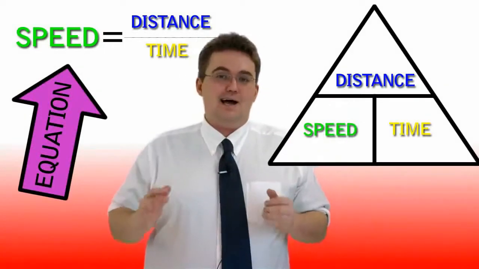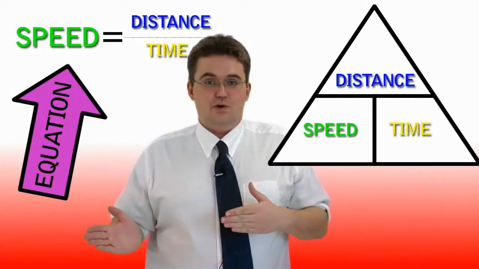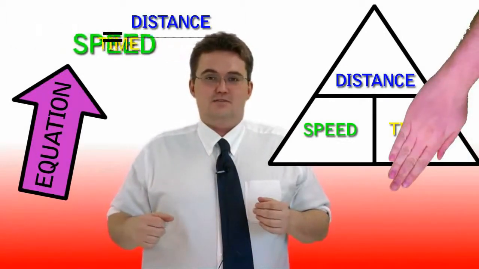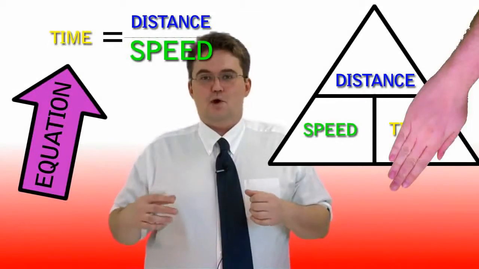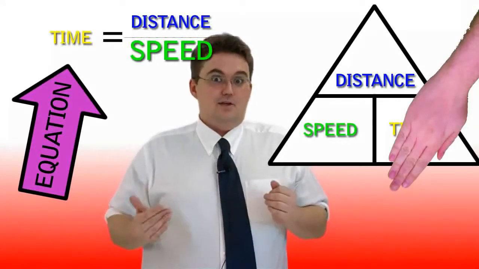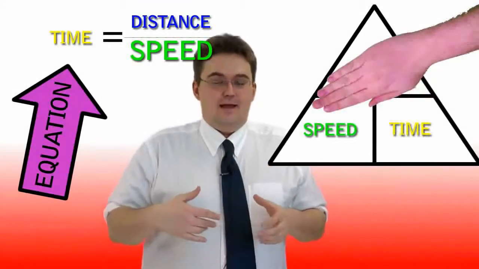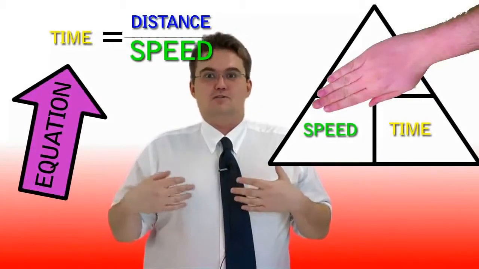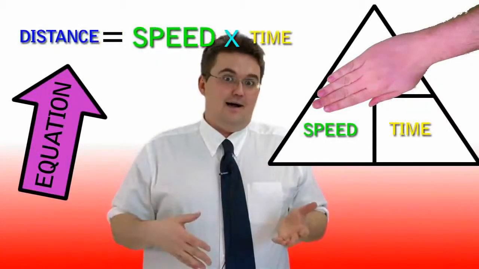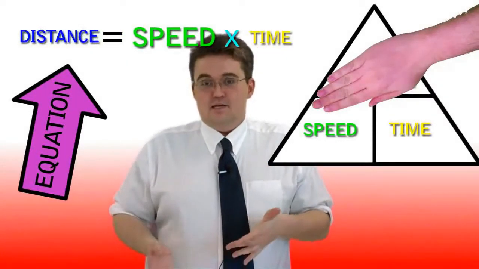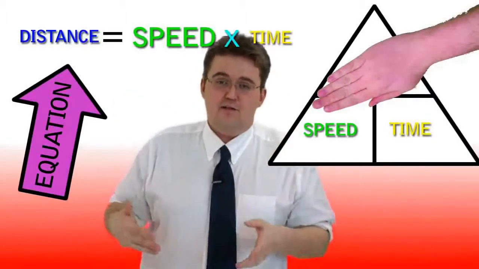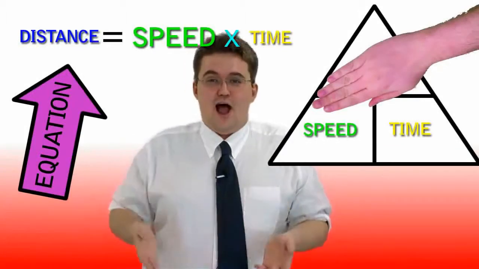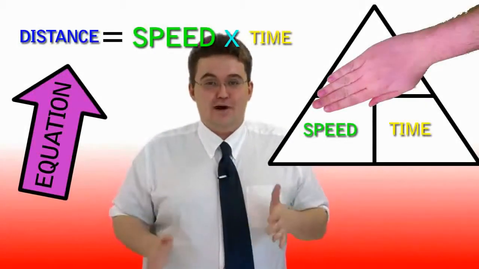If you don't know time, you cover it up, which means you divide distance by speed to get time. If you don't know distance, you cover it up, and then you multiply speed times time, and it gives you the distance. So don't be all whiny about math when you can just use the triangle and cover stuff up.